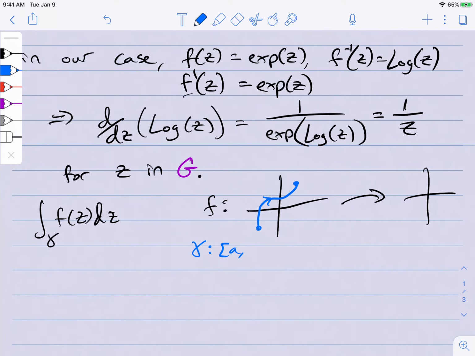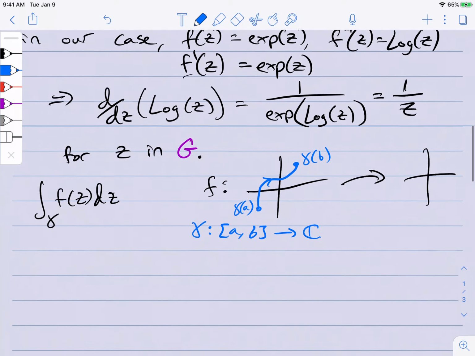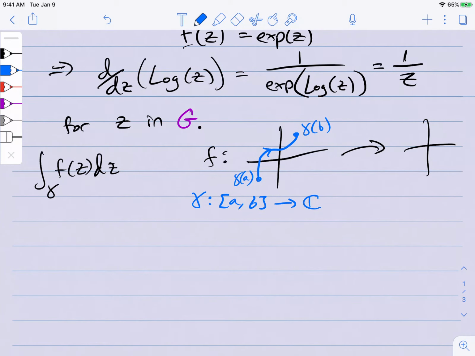Technically, gamma is defined as a function from the interval to the domain of f. And this blue line I've drawn here is just the image of this function, right? And so the starting point is gamma of a, the ending point is gamma of b. And these are the kinds of integrals we're talking about.